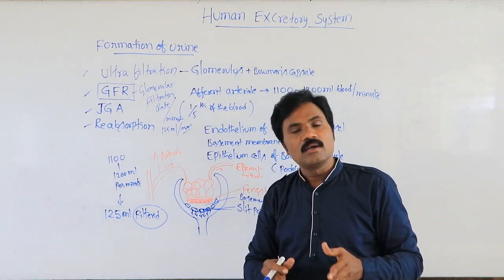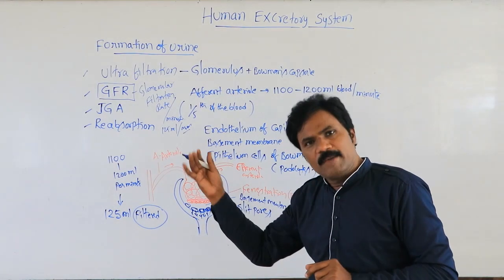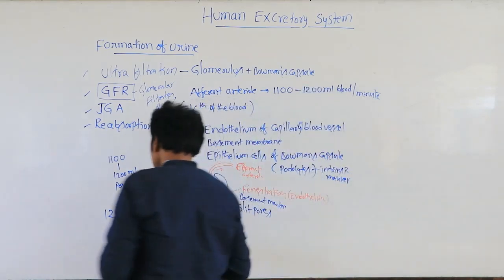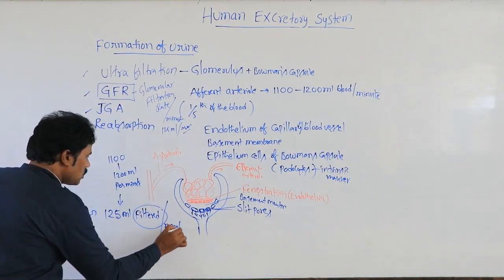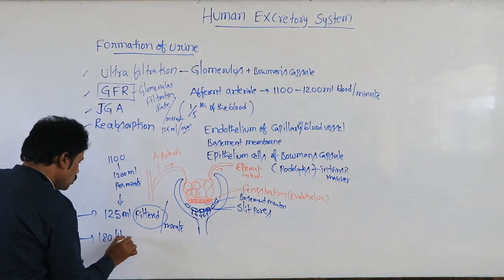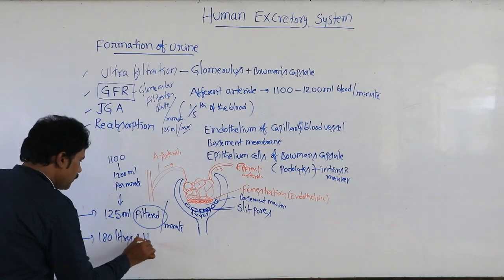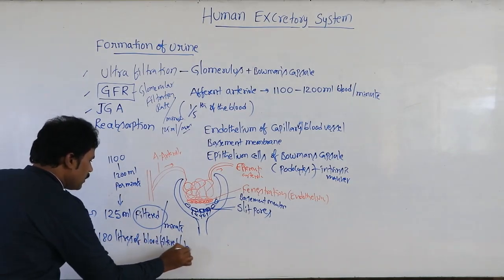Think about it: 125 per minute, so per day 180 liters of blood is filtered.